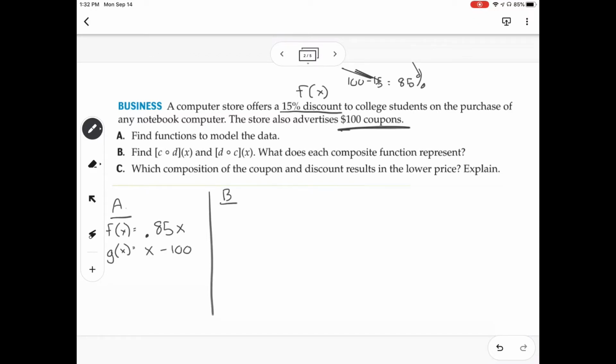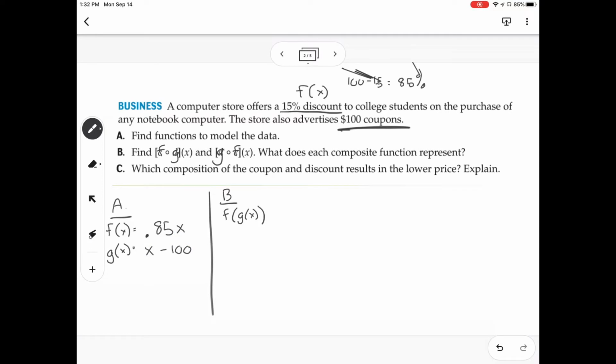Part B says find f of g of x, and then g of f of x. All right, so find both. So f of g of x means the g is going into the x, into the f. So we're putting the x minus 100 into the f function.